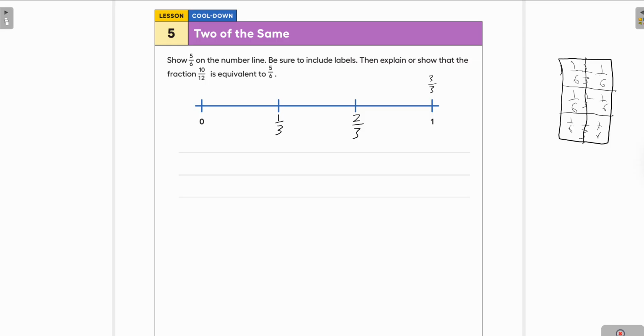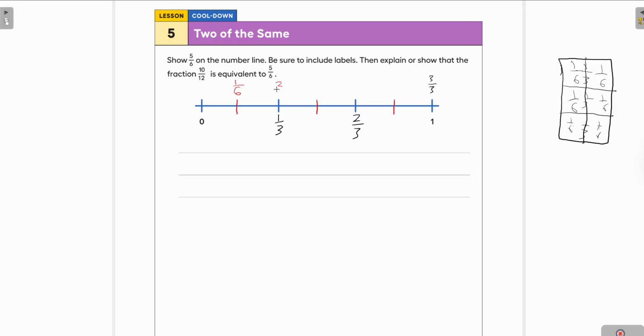Let's use another color for that. Okay, so let's break it in half right here. Break this third in half right here. Break this third in half right here. So now you can count the parts. 1, 2, 3, 4, 5, 6. So now here I have 1/6.